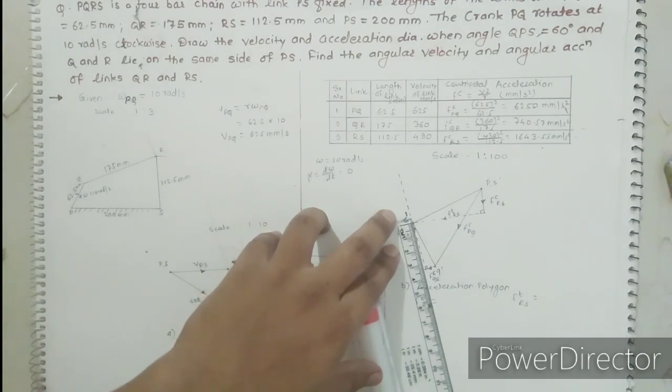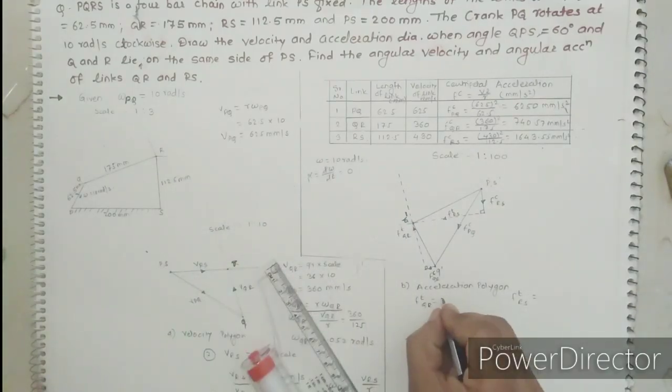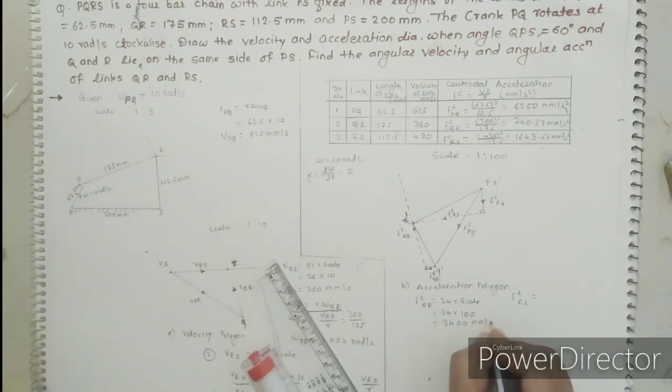Measure the FTQR, which is 34, so 34 into scale 100 equals 3400 mm per second square.